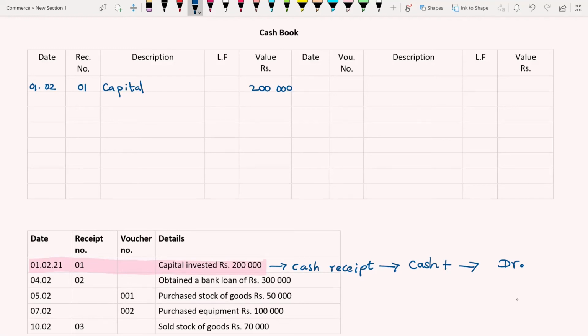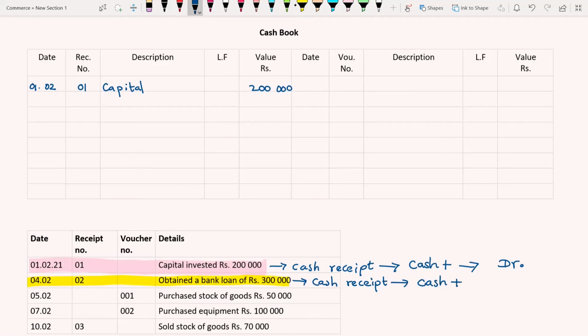Right, then the second transaction on 4th of February, obtain a bank loan 300,000. Okay, this is another cash receipt. Therefore, cash increases due to this transaction.